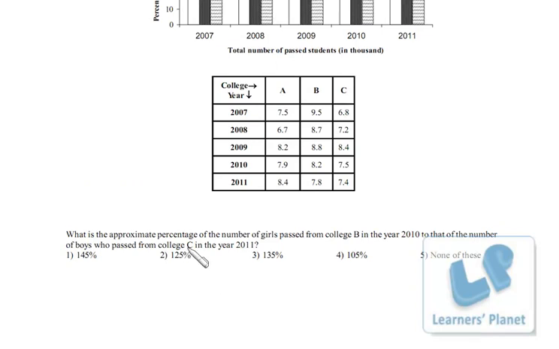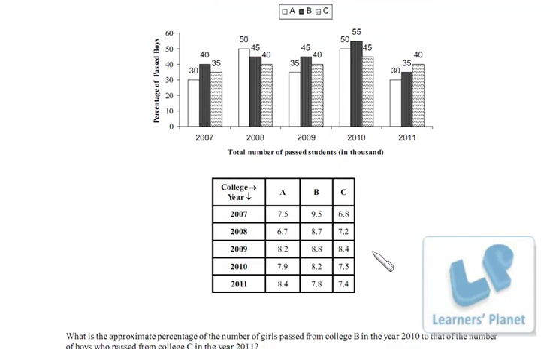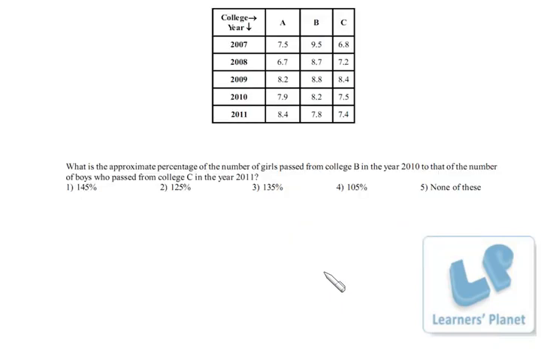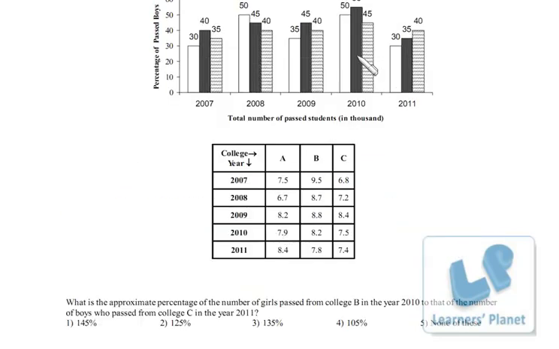What is the approximate percentage of number of girls passed from college B in the year 2010 to that of number of boys passed from college C in the year 2011? So number of girls from college B in year 2010. In year 2010, college B 8200 is the total strength. So I just write it over here, 8200, and college B 2010.